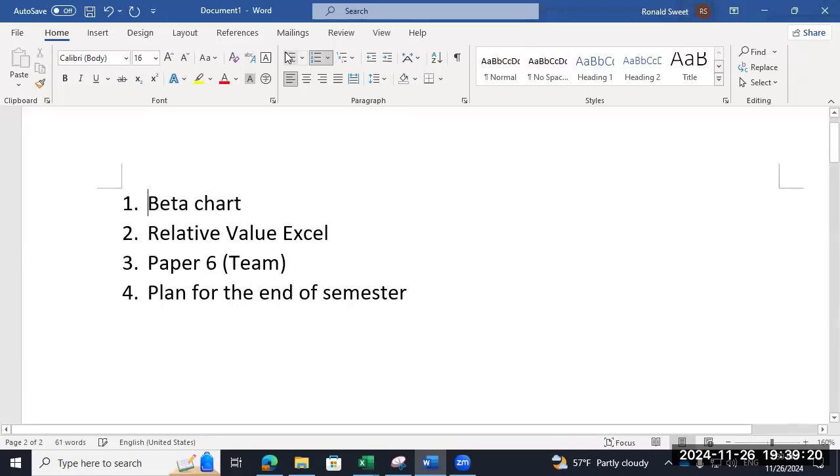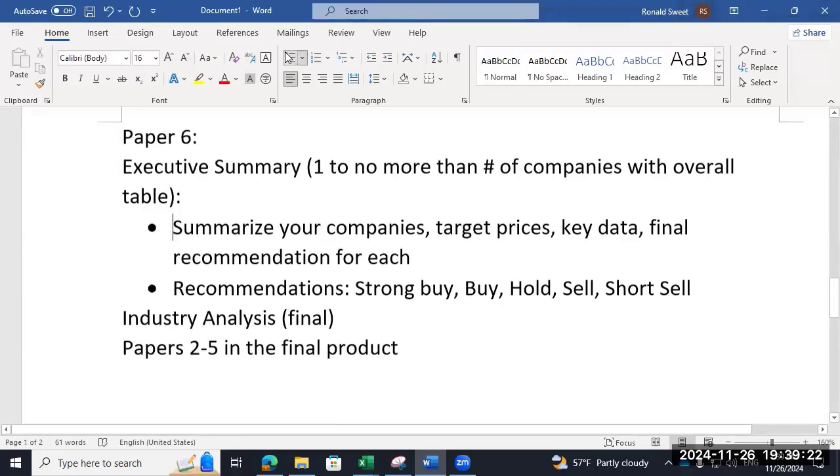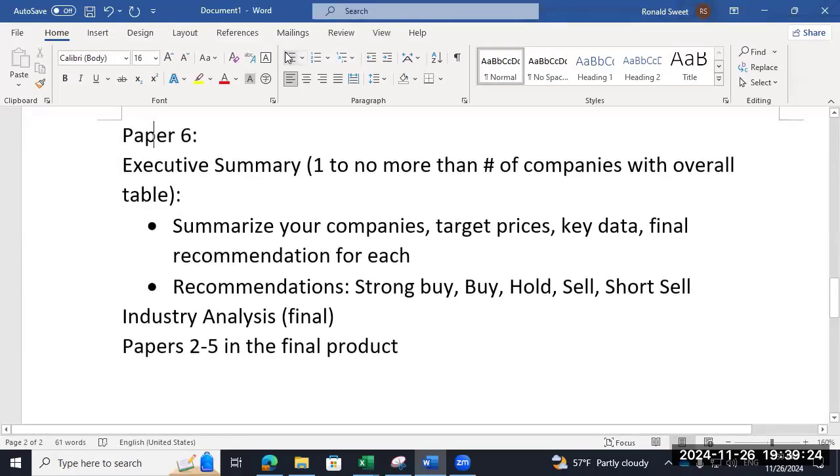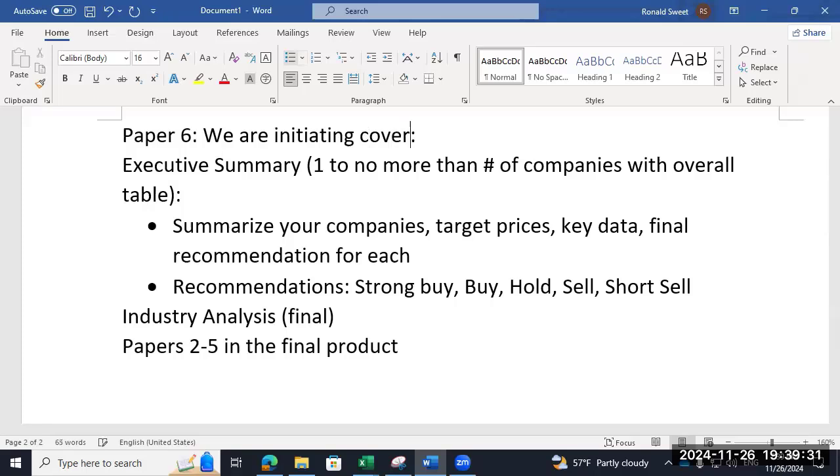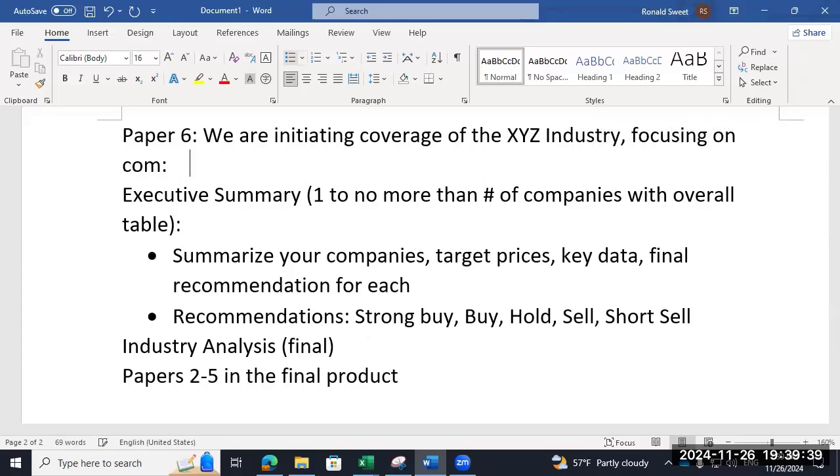So your executive summary is going to start off with, we are initiating coverage of the XYZ industry, focusing on companies A, B, and C. Then you have your summary table.